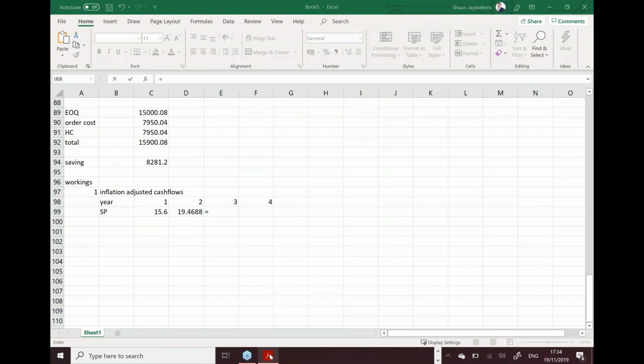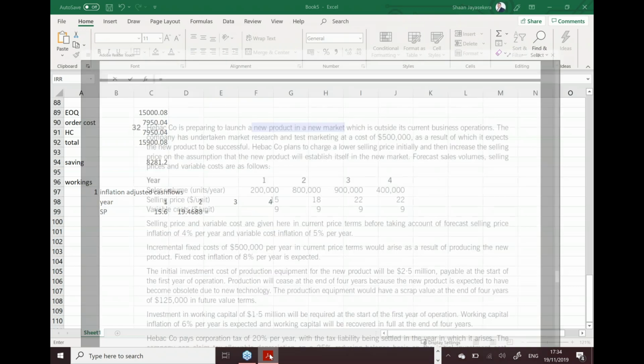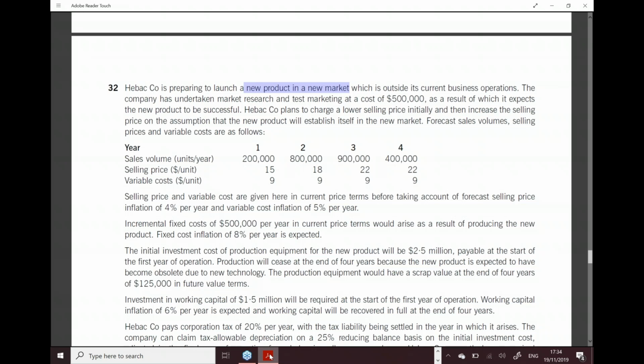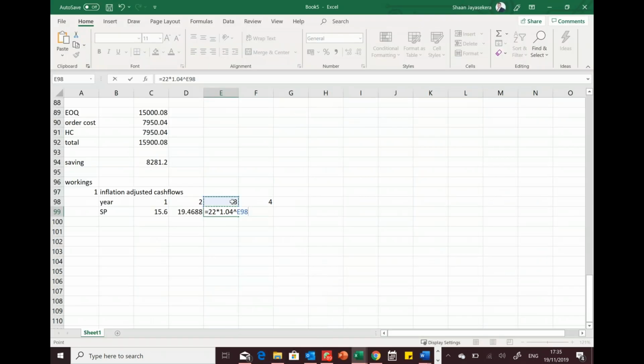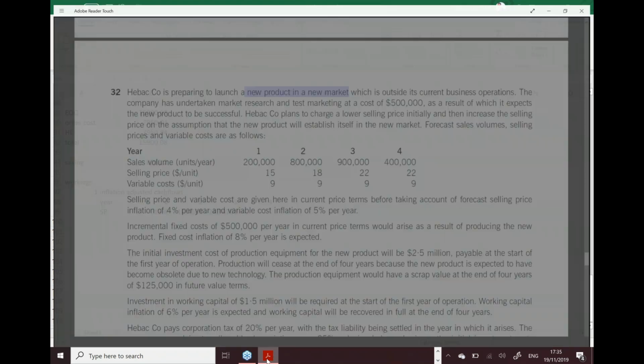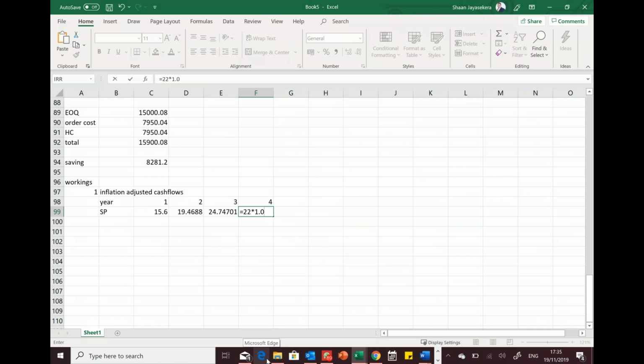This figure should be equal to 22 into 1.04 to the power of 3. This figure should be equal to 22 back again into 1.04 to the power of 4. Right. Same way I can do the variable cost.